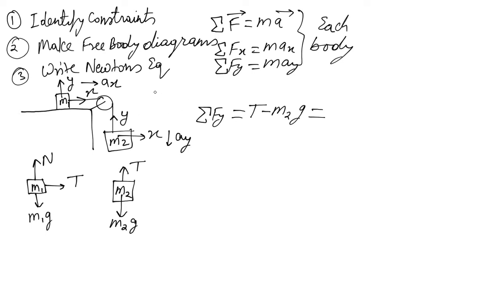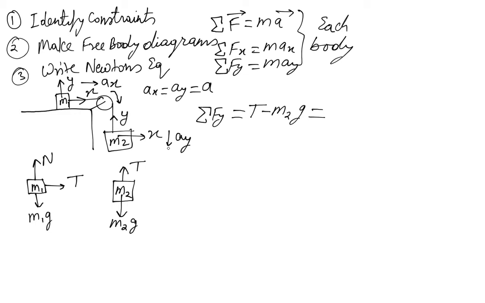We already figured out that ax is equal to ay in the earlier class because the length of the string is constant, so let's collectively call it a. This is the net Fy. Moreover, ay is actually pointing downward because we assumed that the whole system is moving like this.